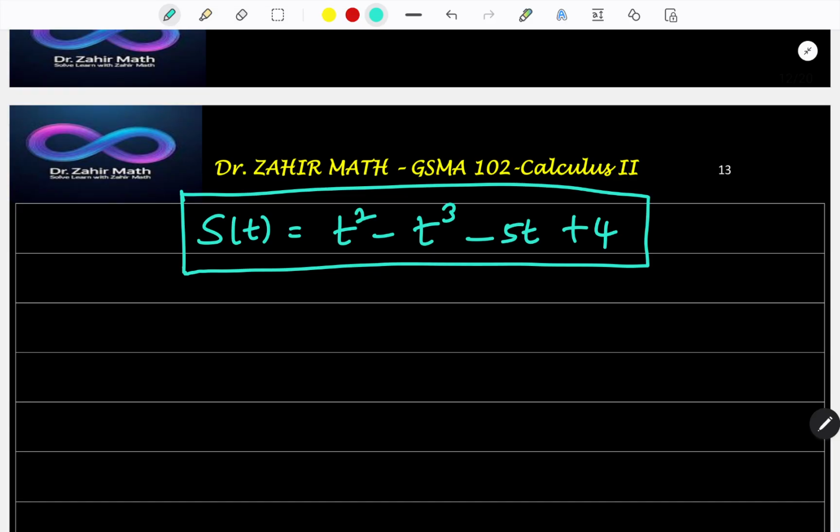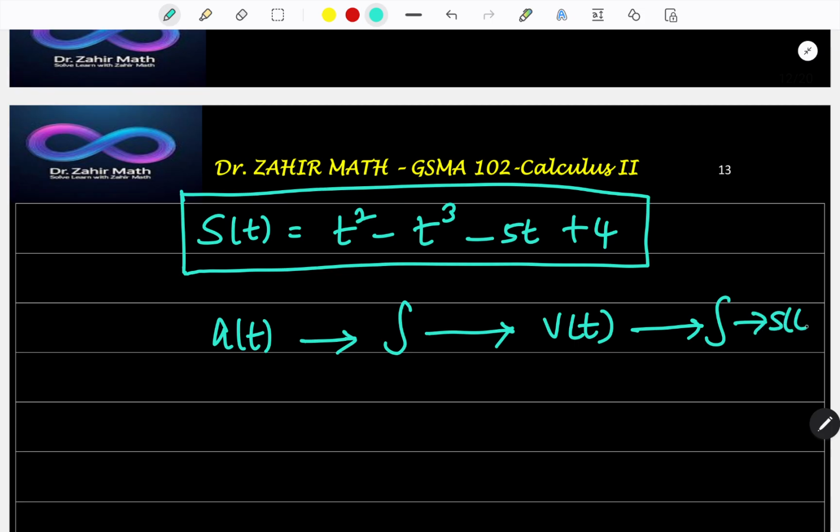So what actually we did? From a of t, I integrated, I got v of t. From v of t, I integrated, I got s of t. So this is the idea of this question. Why this question, teacher? Because you should know what is distance, velocity, acceleration. How we are getting distance, velocity, acceleration? By making the derivative.